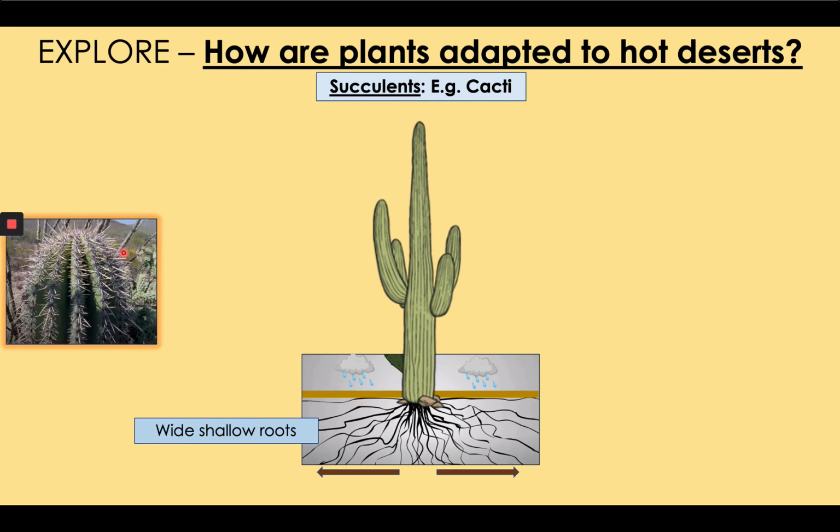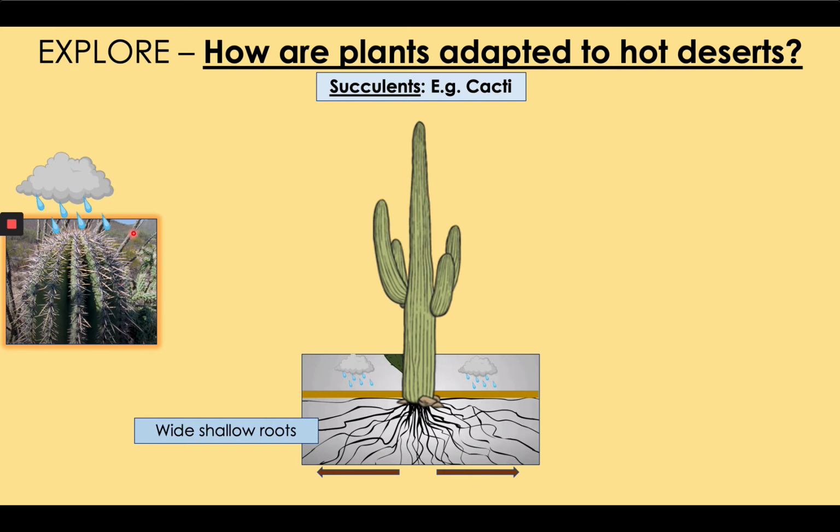A cactus, such as the saguaro cactus, has what are called pleats down its stem and its branches. These are folds along its body, and these folds allow the cactus to expand. Why would it need to do this? Well, this photo was taken after a dry period in a desert. There hadn't been rainfall for a long time, so the cactus has shrunk, much like a balloon without air in it.